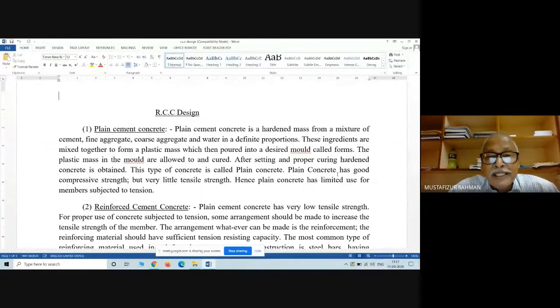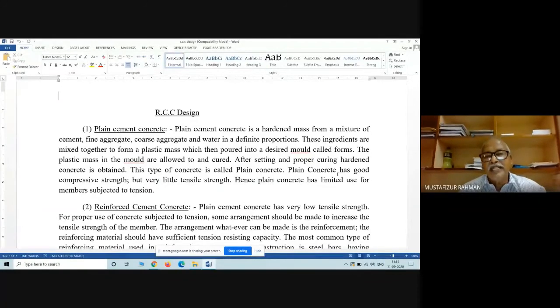Anyway, now see, this type of concrete is called plain concrete. Why is it called plain concrete? It is simple. After mixing the three ingredients with water and getting a plastic formation, it is plain concrete.